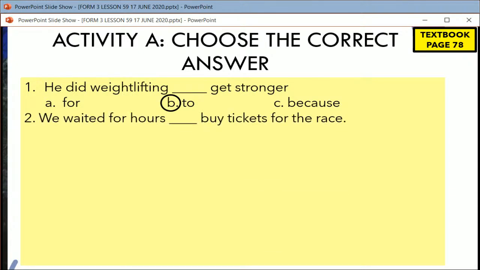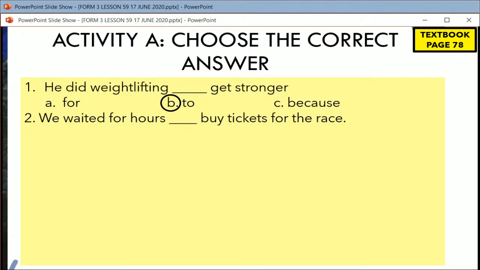Now, number 2, we waited for hours, buy tickets for the race. What word do you think goes in there? Yes, El Pelon, the first one is 2.